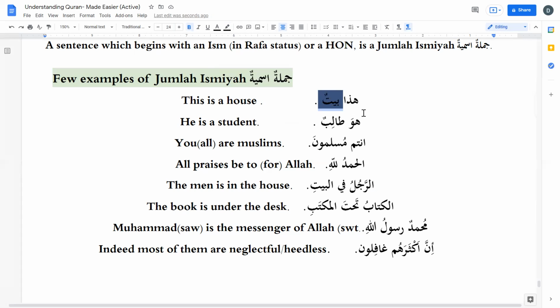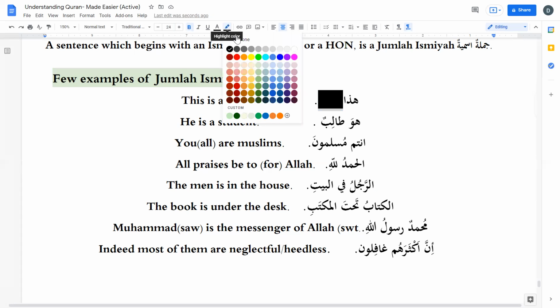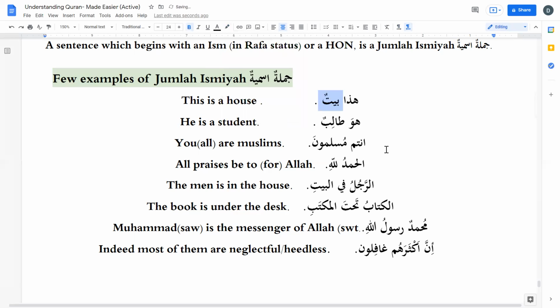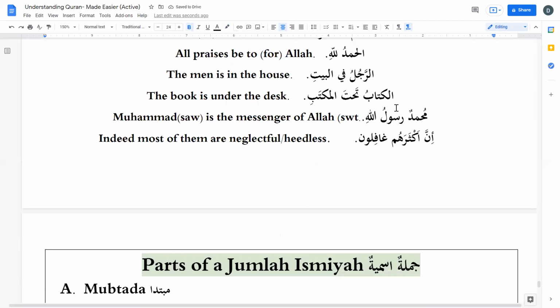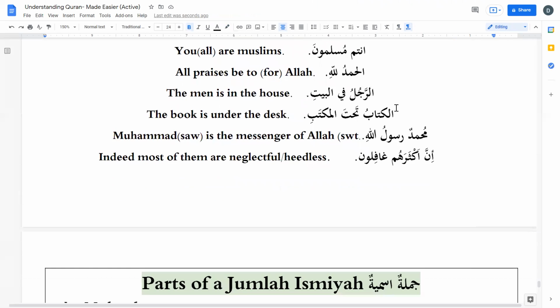So we don't know anything about Haza, but the latter half of the sentence is telling us about Haza, that this is a house. Okay. So that's how the Jumlah Ismiyah structure works.